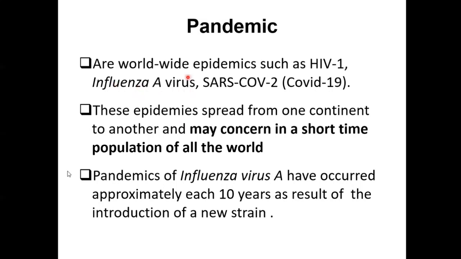We have influenza A, the pandemic of influenza, which regularly comes in and happens about 10 years apart, regularly. And it is more the result of new strains. We see in influenza that there is antigenic drift that makes a new strain from the existing strain. By combining their genomes, they result in a new strain that can cause a pandemic, first epidemic, then pandemic.